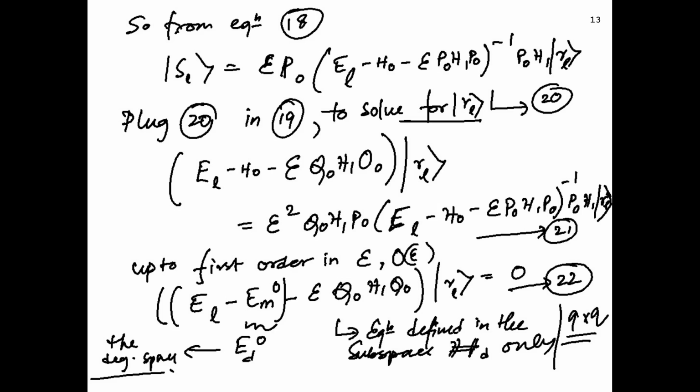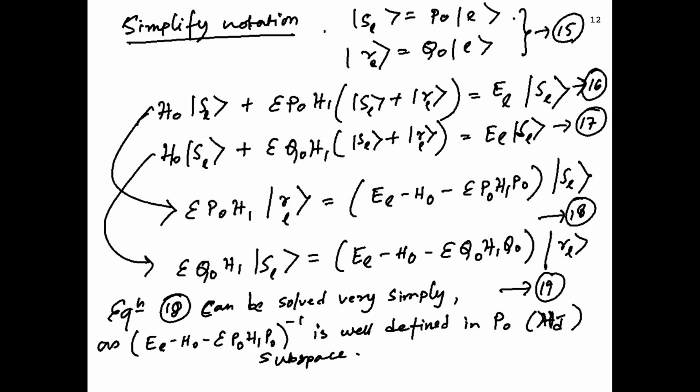So now this is an expansion form, and I write equation 21 to first order in epsilon without any assumption on the RL. I can simply write down the first order term, and with no trouble I can see immediately that it is equation 22. Now H naught, but we remember that this RL is nothing but a projection of the eigenket L in equation 15 on the degenerate subspace using Q naught.